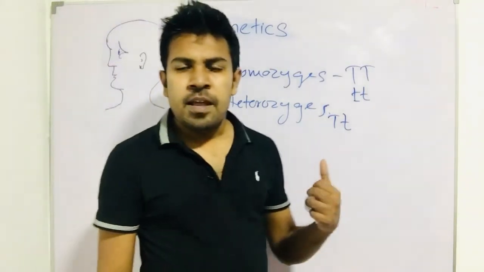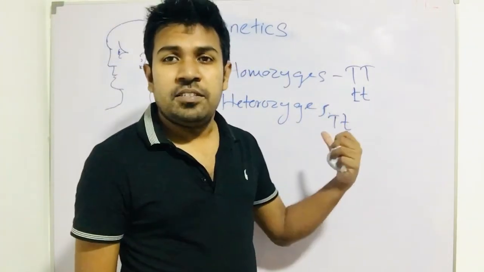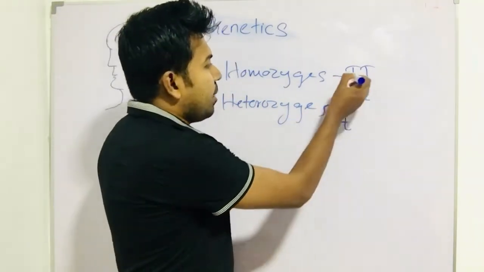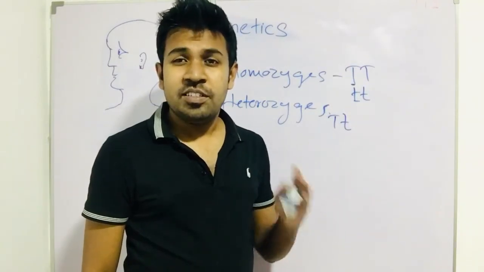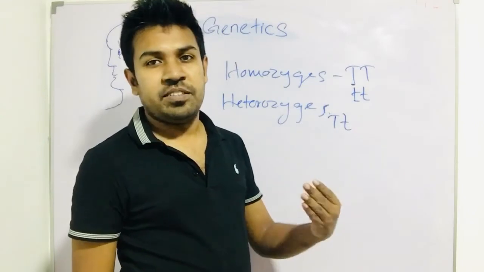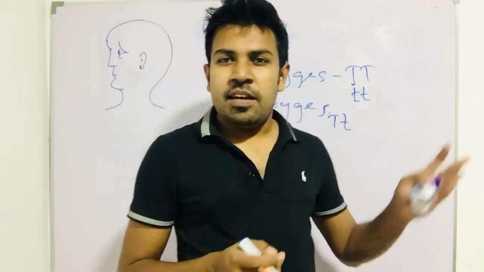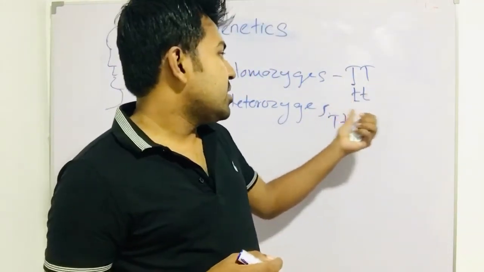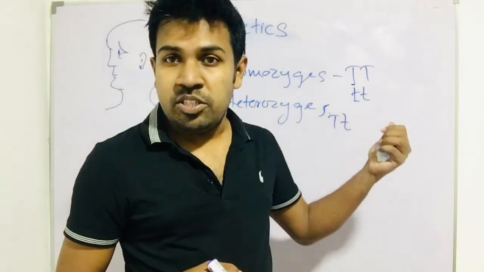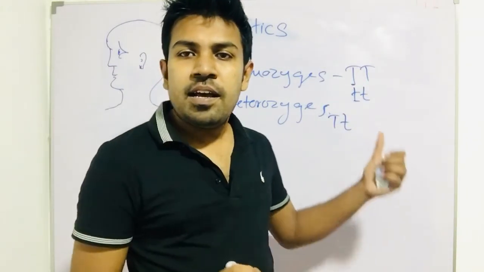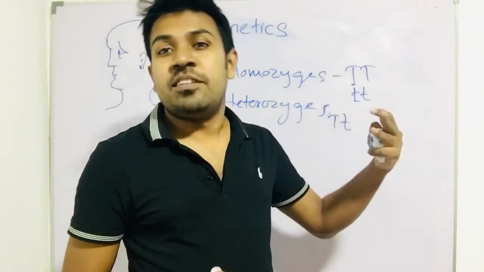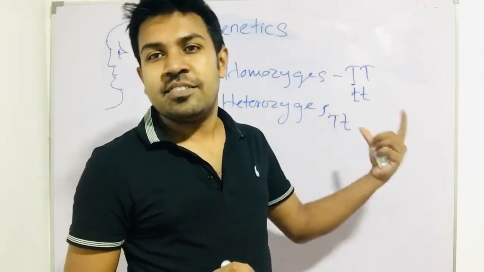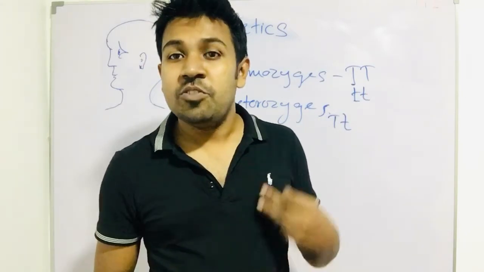But they found another feature. What is that? If capital T is present, capital T is called the dominant character. Even when we consider a two-gene combination, if there is only one capital, that means the dominant gene is there, and that feature will be the dominant one.